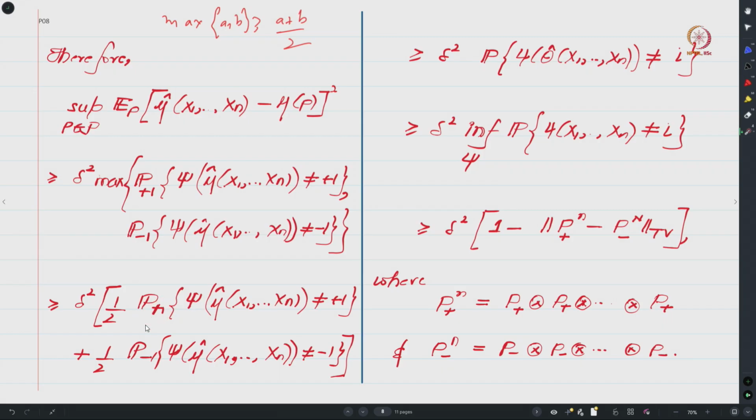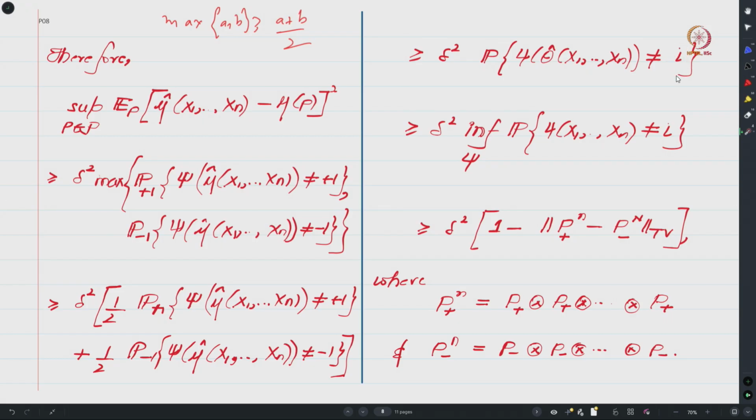The underlying distribution either is the one with mean plus delta or the one with mean minus delta, and one can imagine this half to be the probability with which the underlying distribution is chosen, and hence one can subsume this half and show that this quantity is actually equal to this quantity, where not only are x1 to xn now random variables, this I also is a random variable.